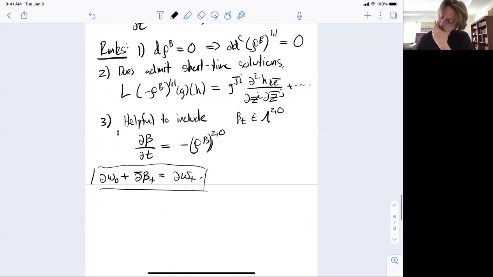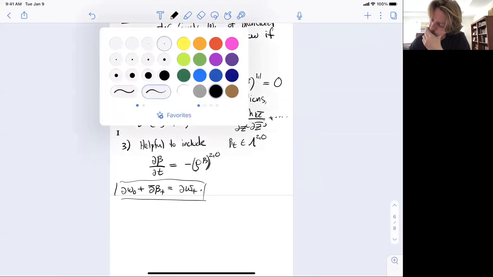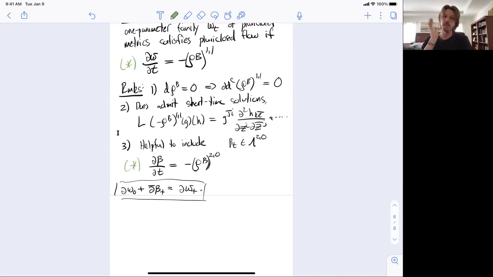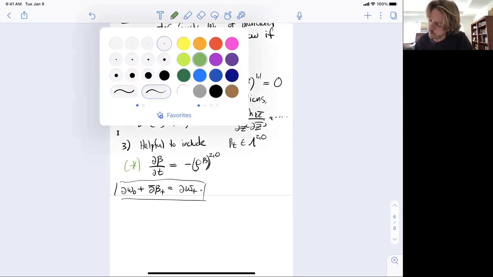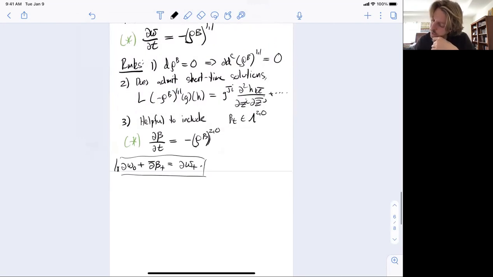So in the book, if you look, we include both of these as the definition of pluriclosed flow, even though in the strictest sense you only need the first one.